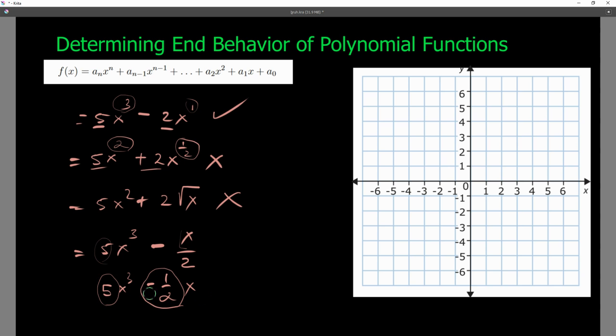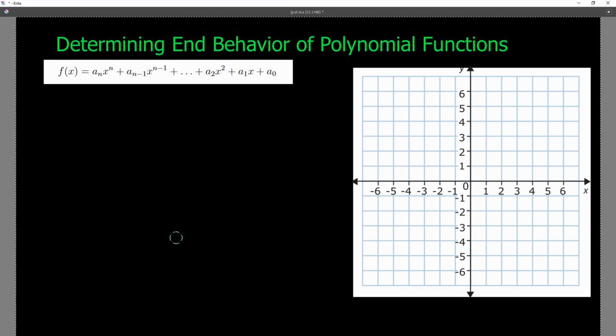Look at the exponents. Are these positive integers? Yes, they are. So this is a polynomial function. Make sure you know the distinctions. The exponents have to be positive whole numbers, and the coefficients, the number in front, have to be real numbers. The coefficients can be fractions. The exponents cannot.